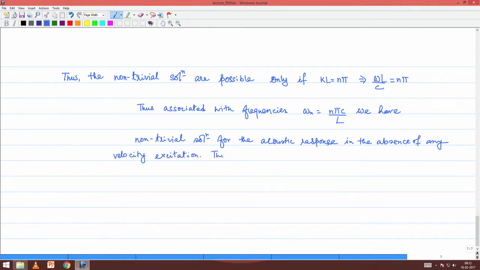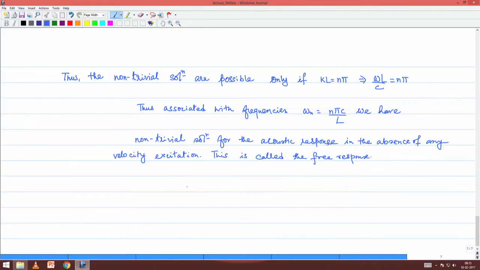This is called the free response. Just in analogy with the free vibration response, you are having a free acoustic response, the response which happens even without the expenditure of any sort of excitation. Excitation in the acoustic parlance, I repeat, is because of velocity conditions.